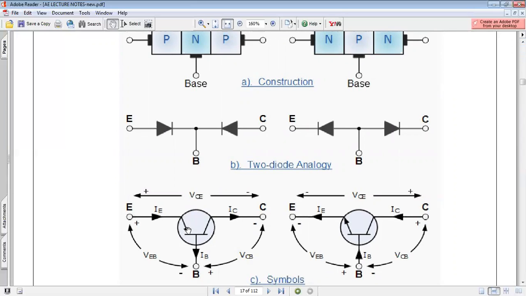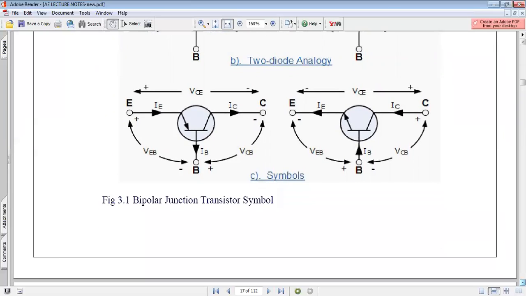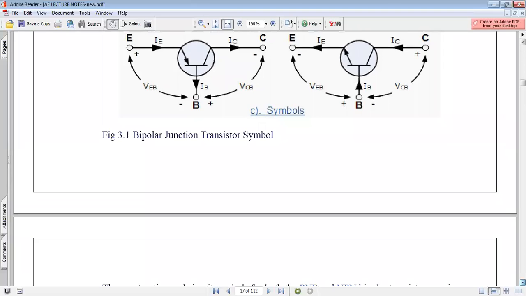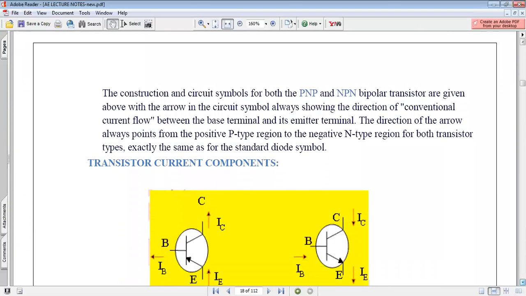So therefore there is an arrow which is going inside from emitter to base. Whereas in case of an NPN transistor, if we go the conventional way that the current flows from positive to negative, from holes to electrons, the direction will be from base to emitter. It is going outward. So this is the symbolic representation of PNP and NPN transistor.